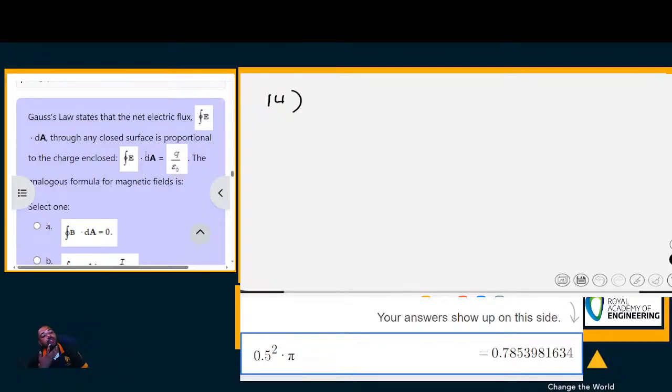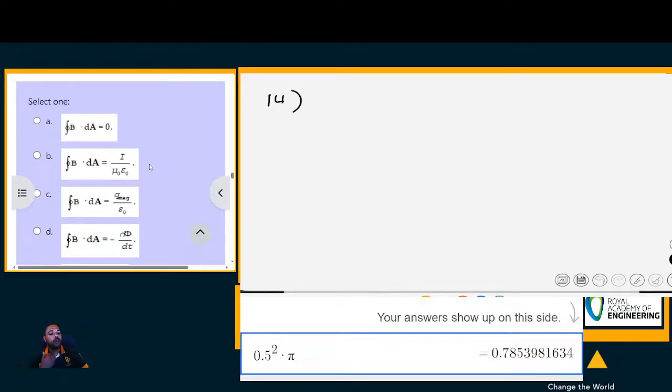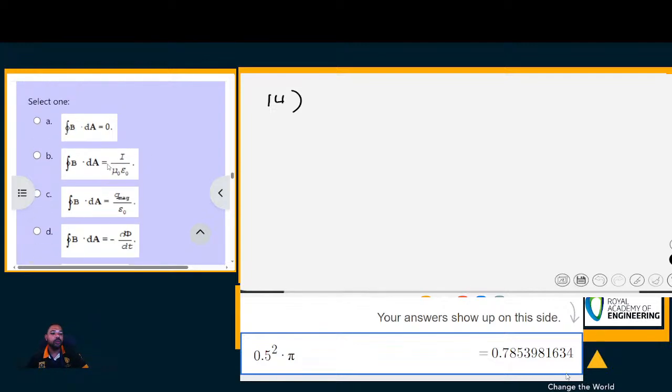This is Gauss's law, and it came in very helpful in electric fields. Now, what is the analogous formula for magnetic fields? For magnetic fields, the magnetic flux through any closed surface is equal to 0.